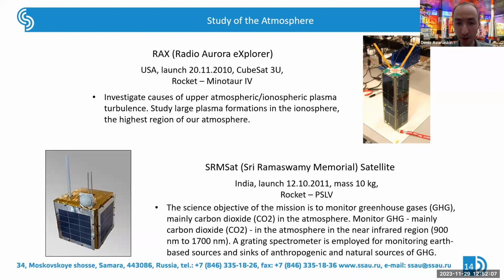The next satellite is the Indian satellite SRMSat. It was a mission to monitor greenhouse gas. Basically it measured the carbon dioxide in the atmosphere to control the climate of our planet.